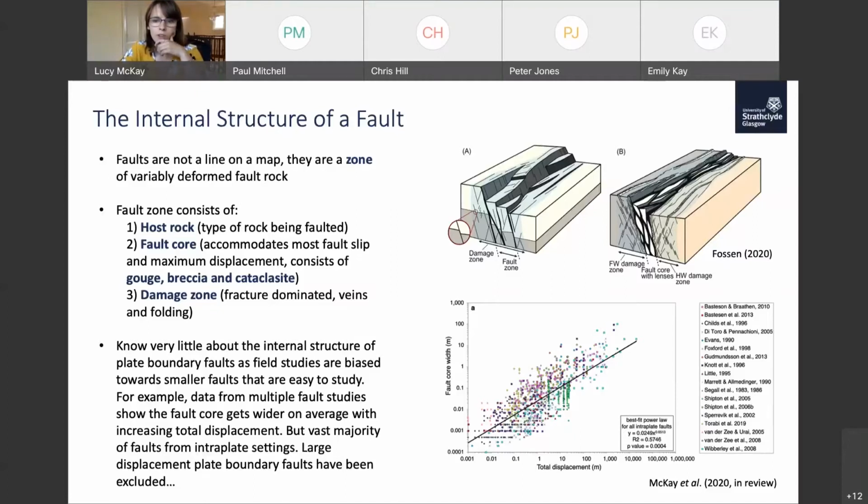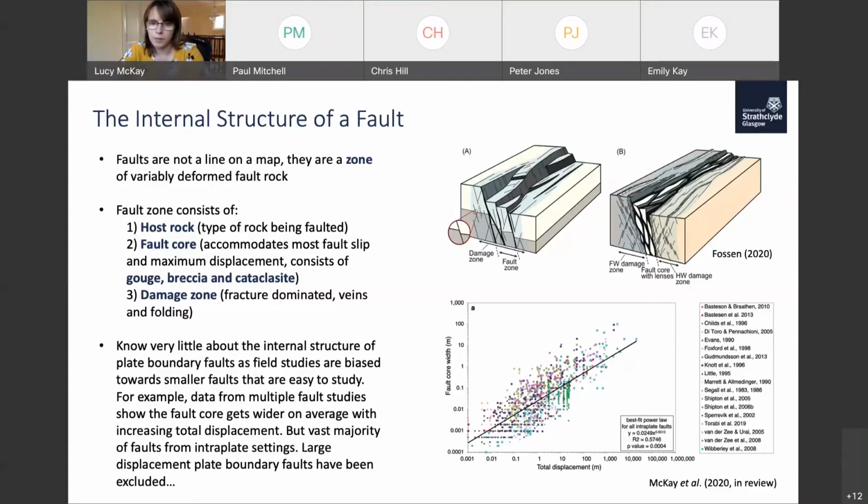So for example, as shown in this bottom figure, it's a compilation of data from multiple fault studies that show faults generally get wider on average with increasing total displacement, albeit with a large range in magnitude of width for a given displacement.